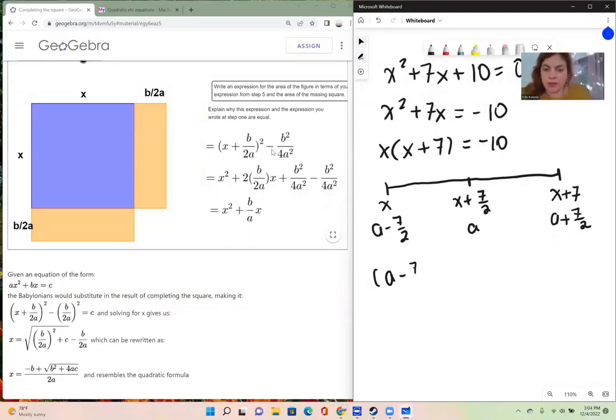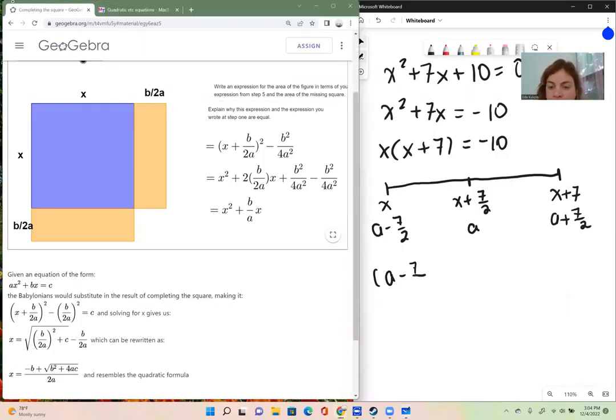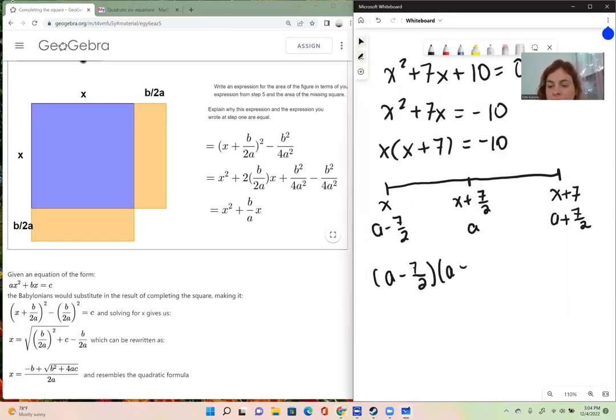Alrighty, my computer glitched, so I had to restart, but here we are. I'm going to rewrite x as a minus 7 over 2 and rewrite x plus 7 as a plus 7 over 2 equals negative 10.